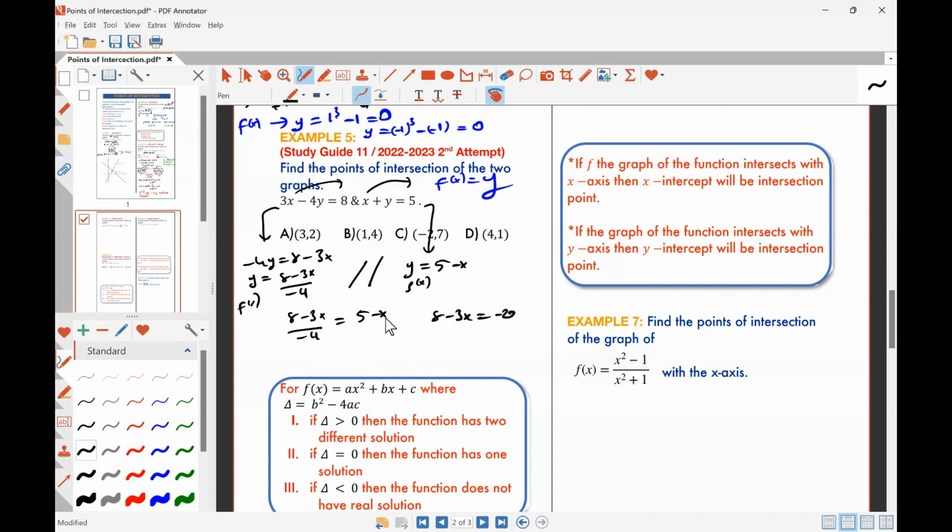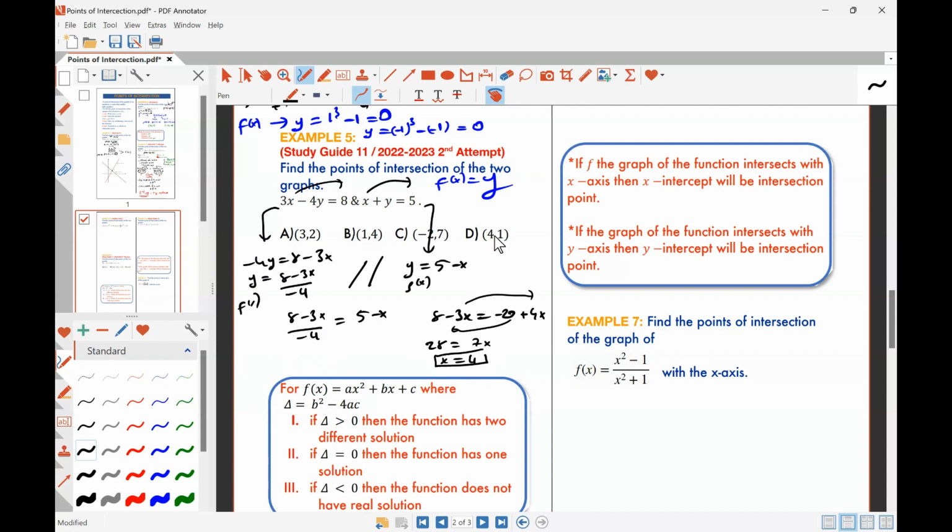Negative 4 by negative x, positive 4x. Or you can basically say multiply both sides by negative 4, the same idea. Let me move negative 3x to the right, negative 20 to the left. So 28 equals 7x. Dividing both sides by 7, x becomes 4. My x is 4.